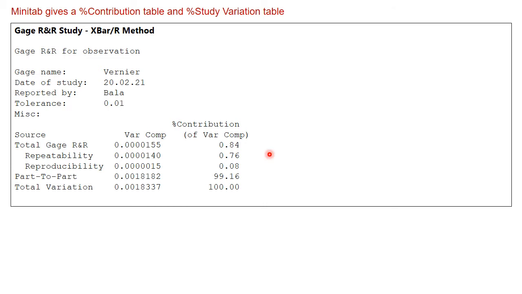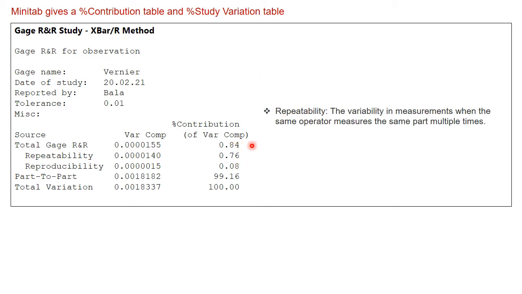Minitab gives a percentage contribution table and a study variation table. First we will look into the percentage contribution table. Here you can see an element called total gauge R&R. This is actually the sum of repeatability and reproducibility. So it is 0.84 percent. Next is repeatability. Repeatability means the variability in measurements when the same operator measures the same part multiple times.